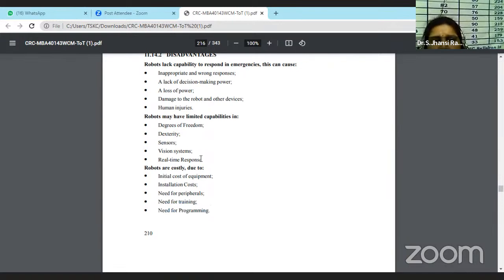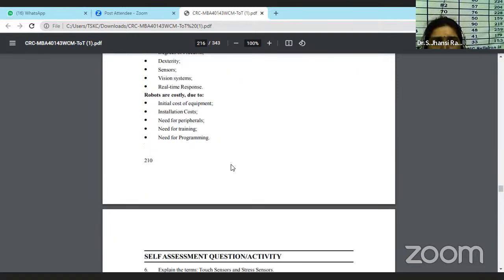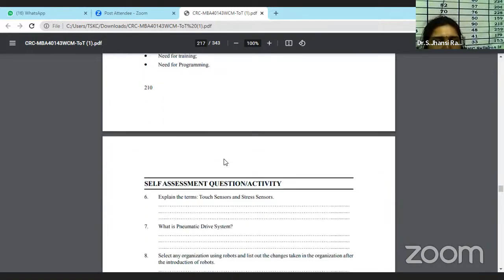And robots may have limited capabilities like degrees of freedom, dexterity, sensors, vision systems, and real-time response. And robots are costly. Why? Because of the initial cost of equipment, installation costs, peripherals, training and programming.